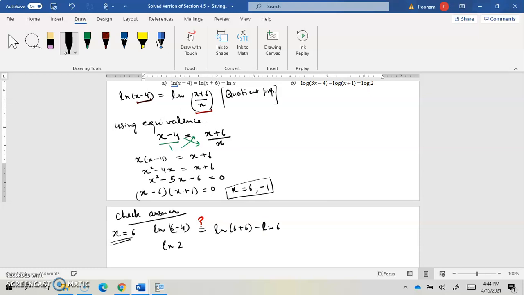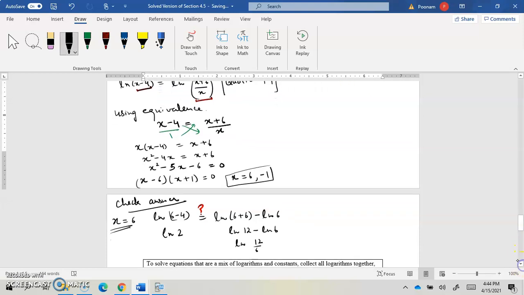This is natural log of 2. This is natural log of 12 minus natural log of 6, which would be natural log of 12 over 6, and which would be the same as natural log of 2. So they are equal to each other. So we are good, right? So this is a solution.